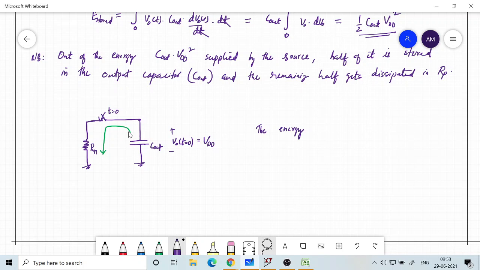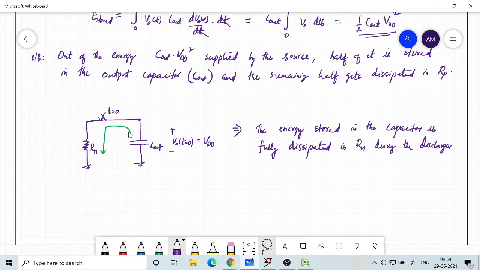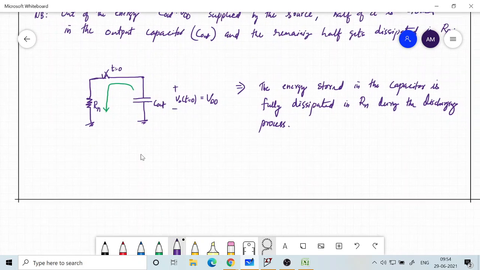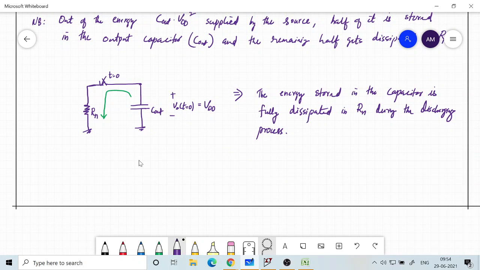So here what is happening is the energy stored in the capacitor is fully dissipated in Rn, which is the on resistance of the NMOS, during the discharging process.